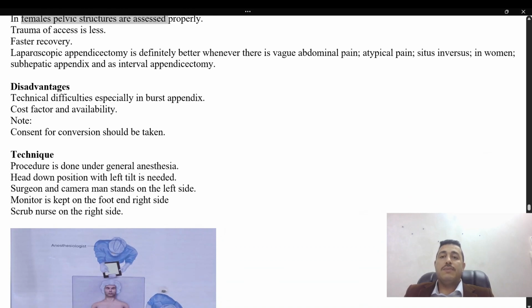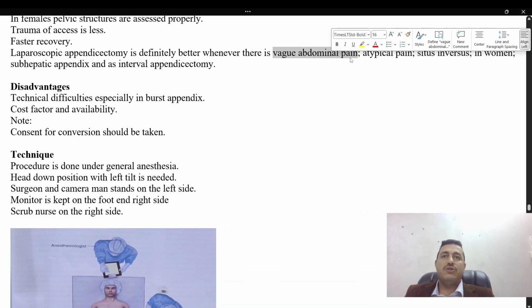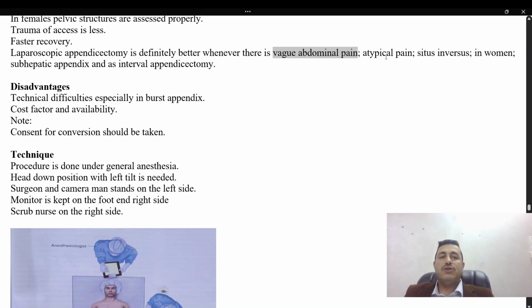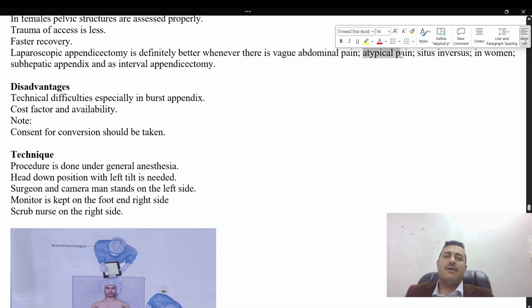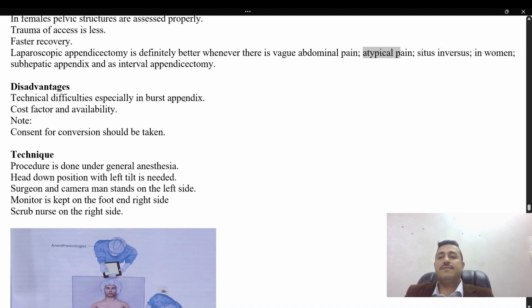Okay, laparoscopic appendectomy is better when we have vague abdominal pain. We are not certain. It's a type of diagnostic procedure. It's laparoscopy. If appendicitis is present, we proceed with laparoscopic appendectomy. And in patients with atypical pain, vague abdominal pain, prefer to proceed with laparoscopic appendectomy, plus situs inversus.